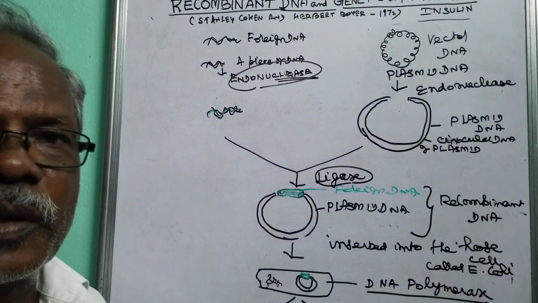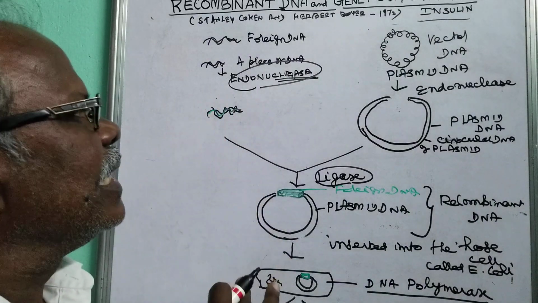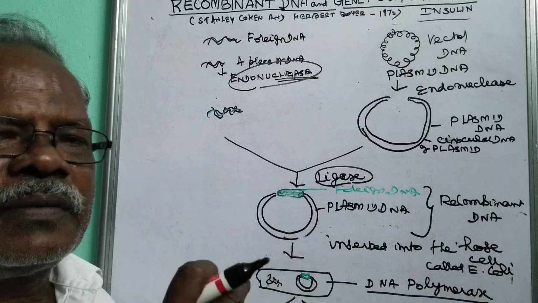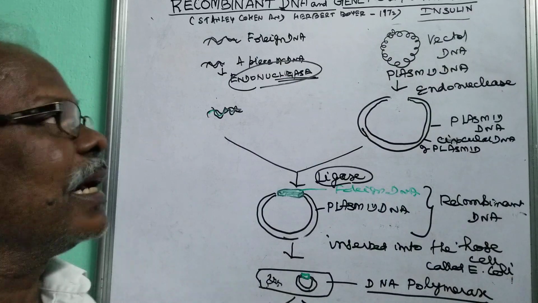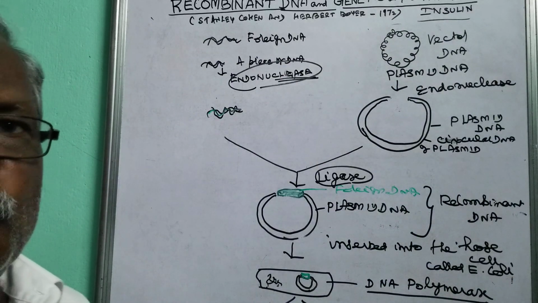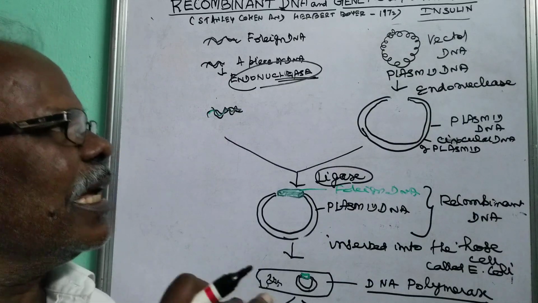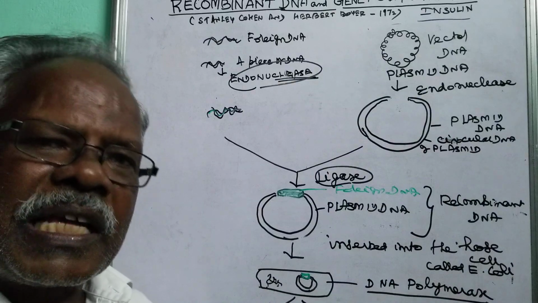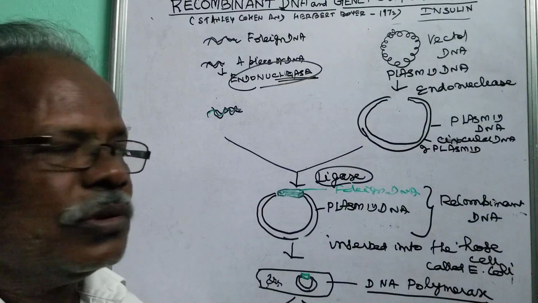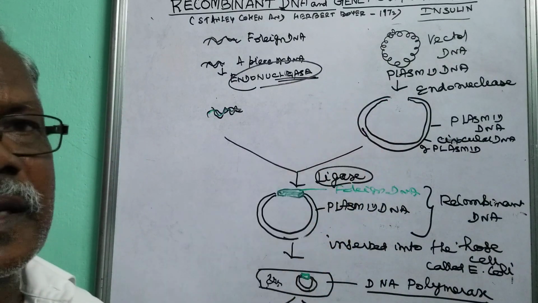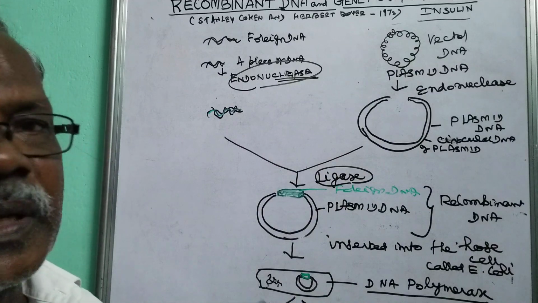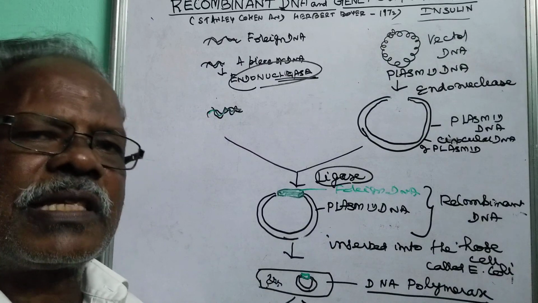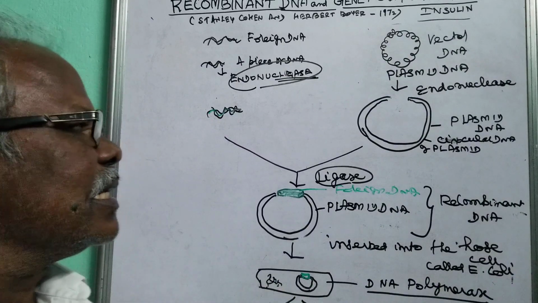So again, to repeat, we take the foreign DNA and make it into a small piece containing nucleotides, and for that we use the endonuclease. The same enzyme is used in the plasmid DNA also, to make a slit in the plasmid DNA. The endonuclease is otherwise called biomolecular scissor.